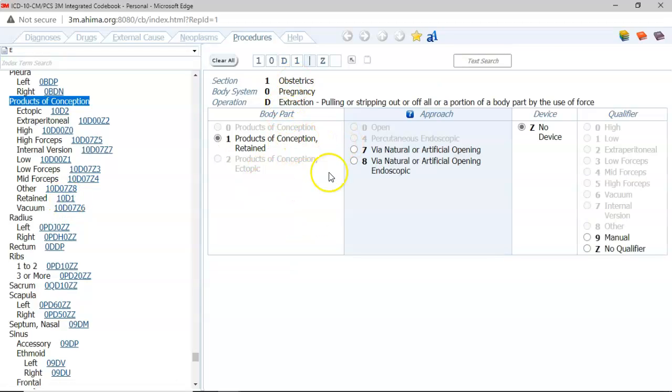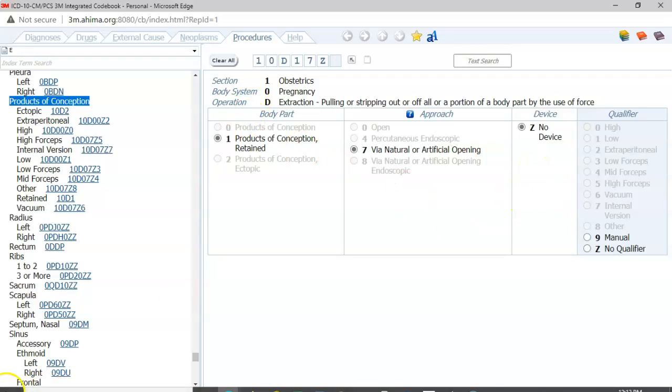So we have our code 10D. This is via natural or artificial opening. I've never known of one that was endoscopic. And then there's no device. Sometimes they will tell you that it was manual, but usually it's no qualifier. So you would just read the report carefully to determine if there was a qualifier or if they tell you that it was a manual extraction.